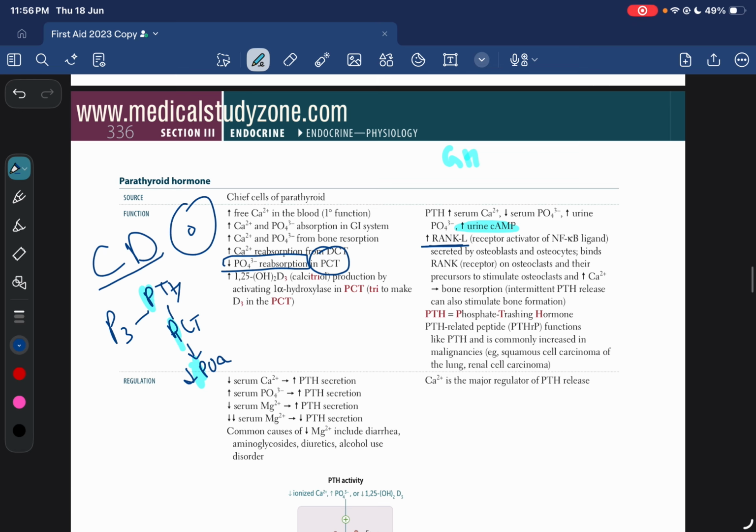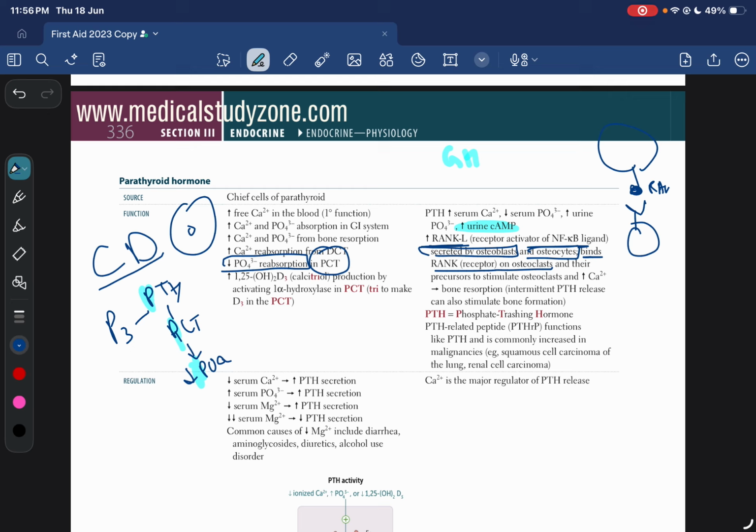RANKL is the receptor activator of NF-κB ligand, secreted by osteoblast cells and osteocytes, and it binds to the RANK receptor on osteoclast precursors. So there's a RANK receptor on which RANK ligand is going to bind, and the ligand is mainly present on osteoblast cells.